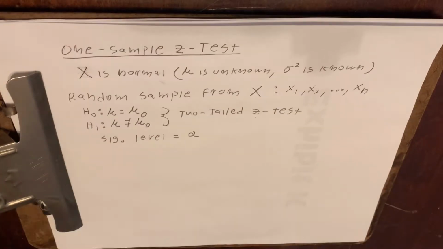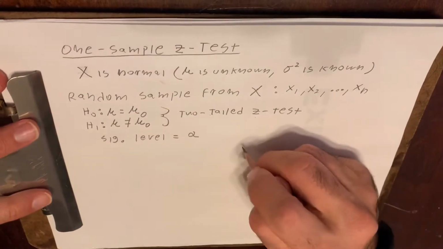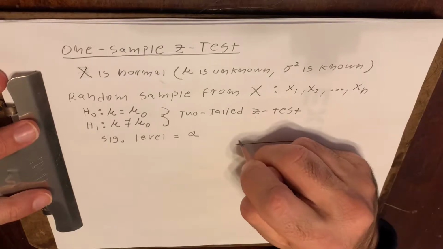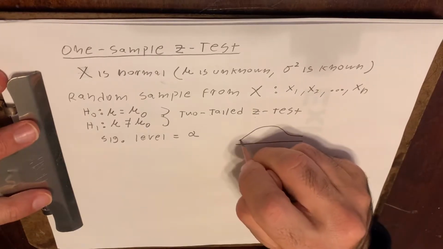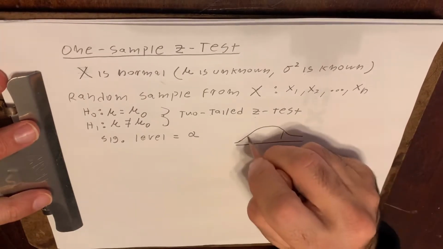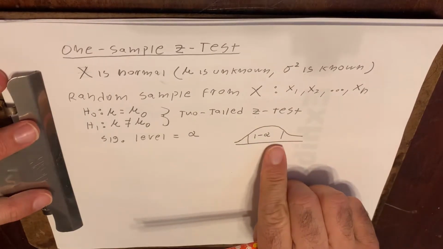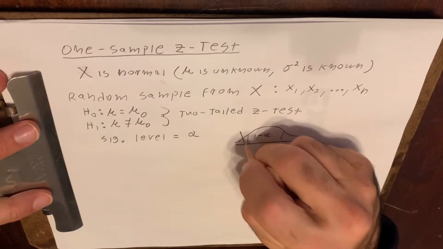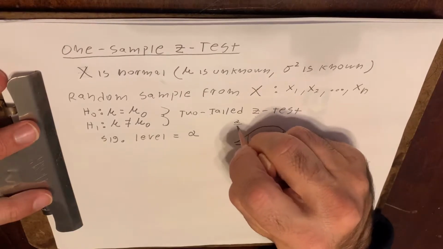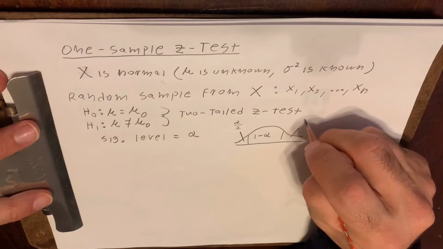Now, if you recall from your one-sample z-test, I'll draw a little picture, actually. What we have is 1 minus alpha area inside, and we have alpha over 2 area in the tails.